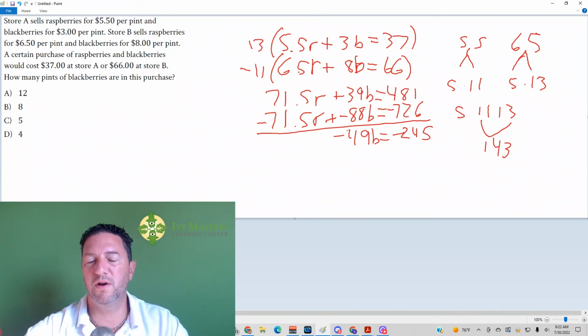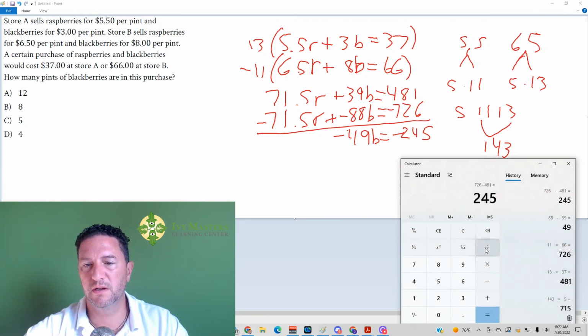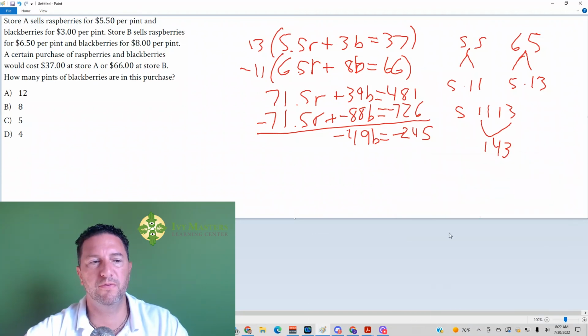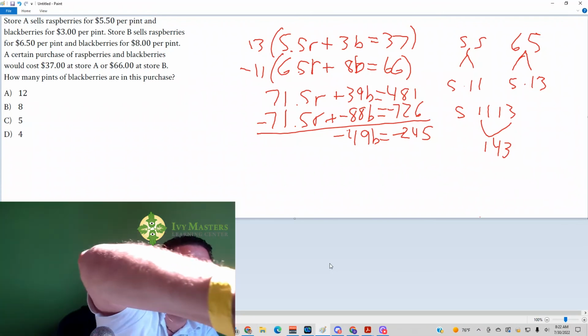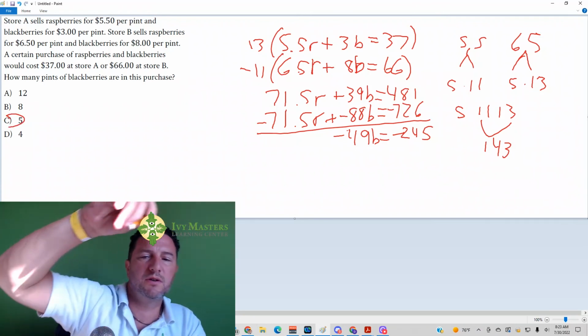Then if we divide that negative 245, it looks like it's going to be 5, choice C, but we'll divide it out anyway. We'll divide that by 49. Yep, and we wind up with 5, sure enough. Correct answer is C.